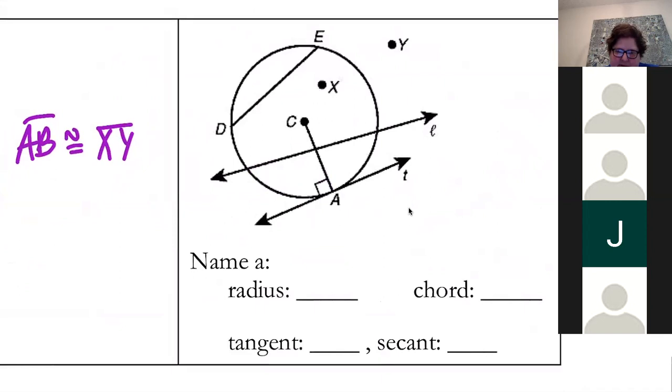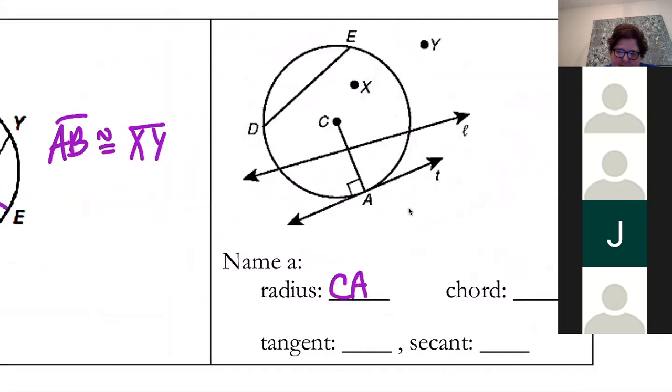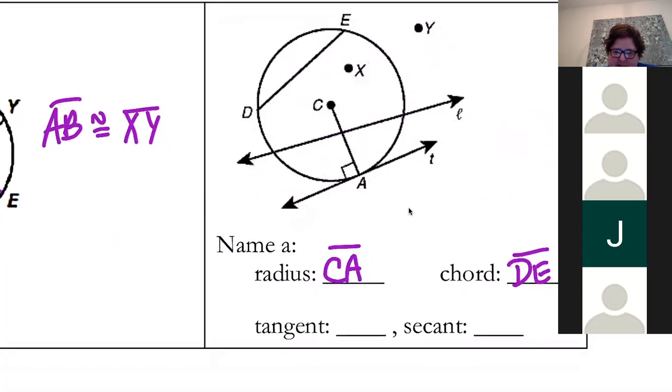Okay, for this one, a radius would be segment CA. A chord would be segment DE. And if those points were labeled, you could also have given that segment right there. It's just that since there aren't points labeled, you wouldn't use that one, but that would also be a chord. A chord is always part of a secant.